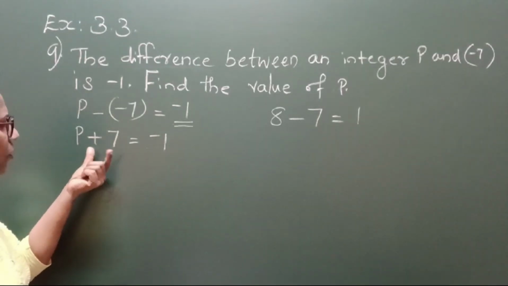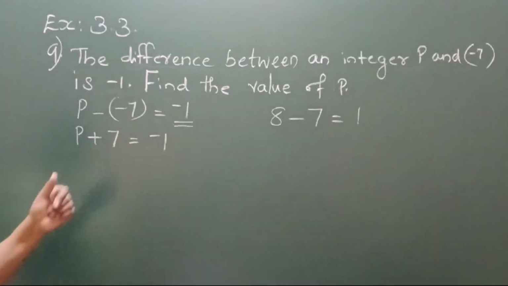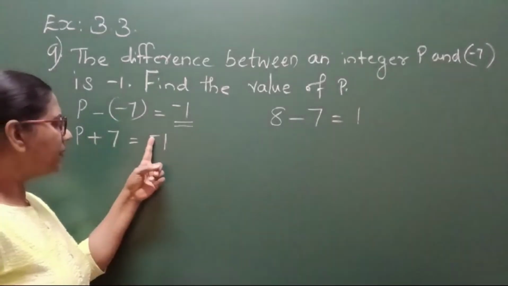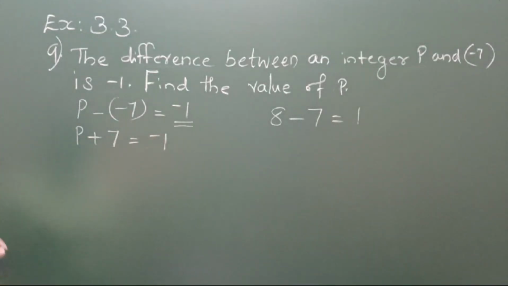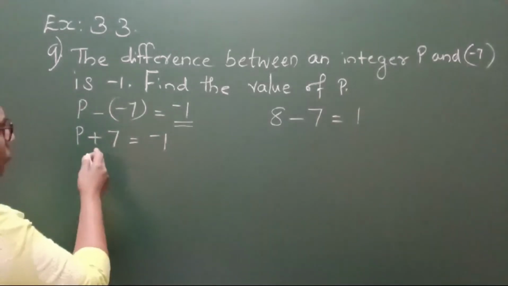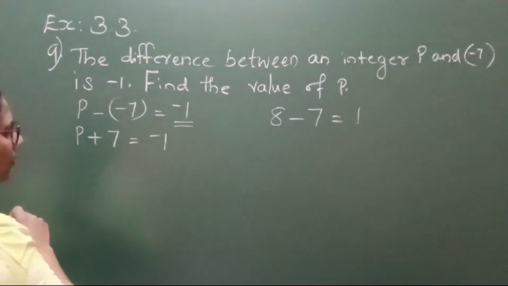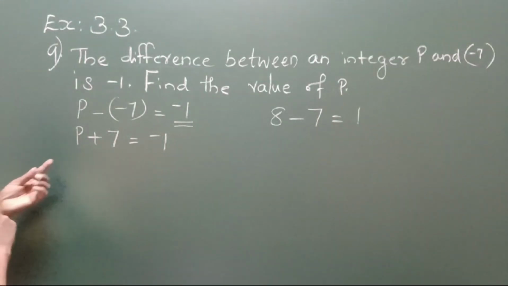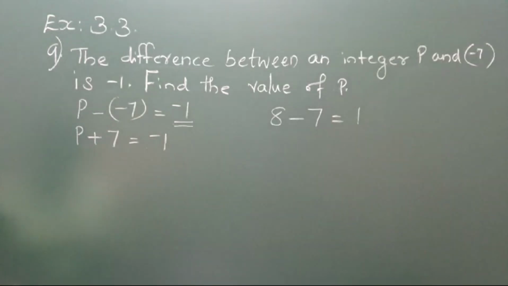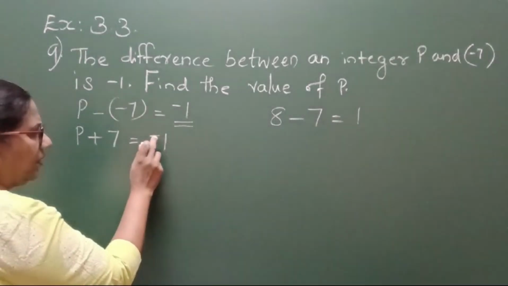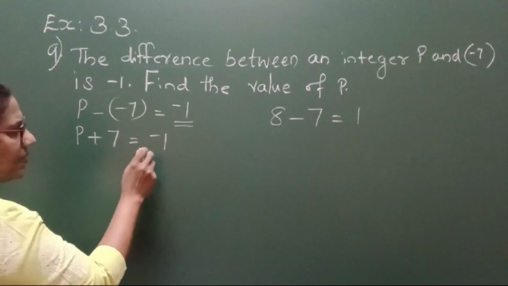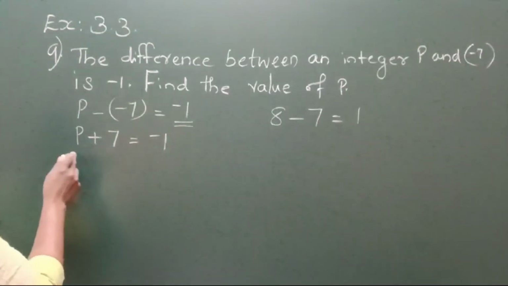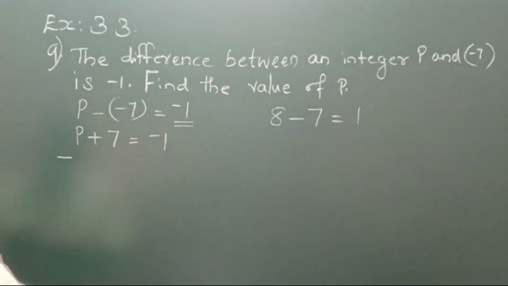That gives a clue. Here it is plus symbol and here it is minus symbol. So this too gives a clue that p is a negative integer. Here the answer is negative. So this is a negative integer.